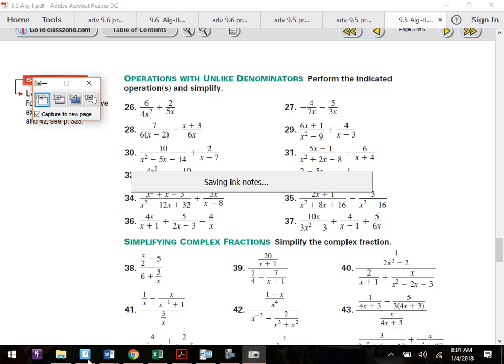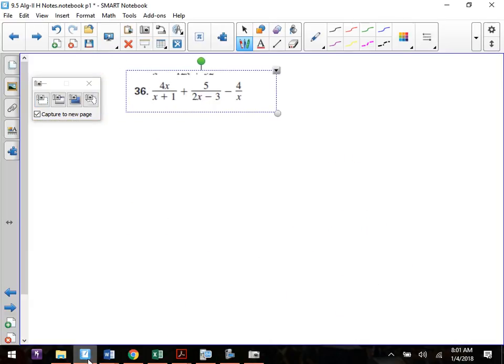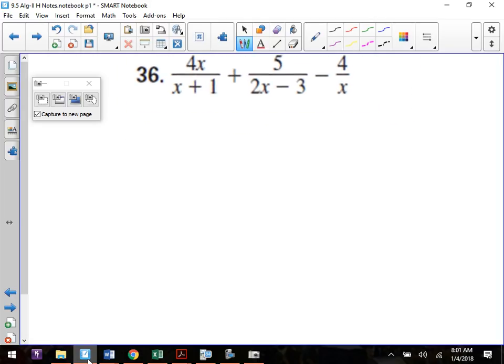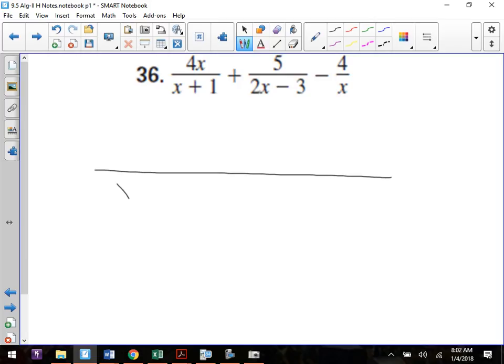Distributive property on this one. There was no factoring involved for the denominators here. It was pretty quick. In this one, you're going to have a common denominator. I have an x plus 1 and a 2x minus 3. Well, the fraction on the left has the x plus 1.